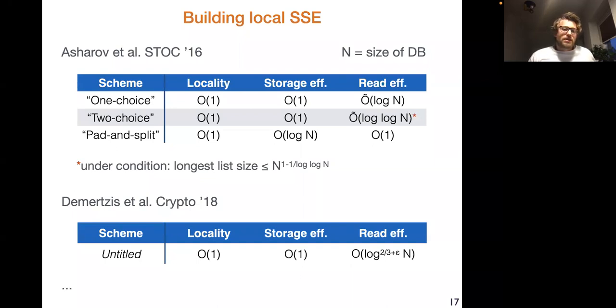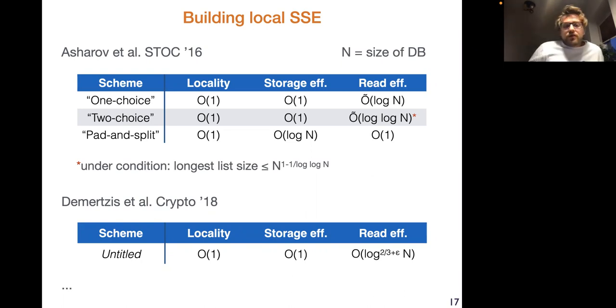We call them local SSE schemes, and especially Asharov et al. in STOC 16 defined a bunch of schemes that come very close to constant efficiency, especially the two-choice scheme with constant locality, constant storage efficiency, and constant read efficiency, and log n read efficiency, under a small condition that's not that restrictive in practice, or for example, Demertzis et al. in Crypto 18, with a sublogarithmic scheme that is quite read efficient without any restriction on the list sizes.